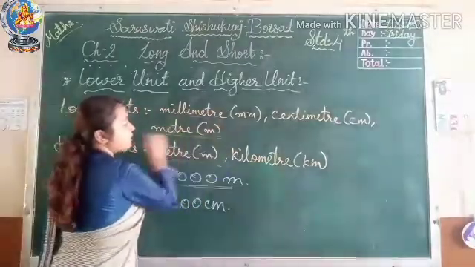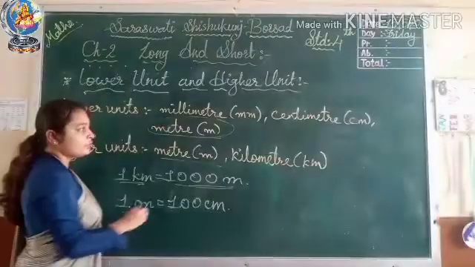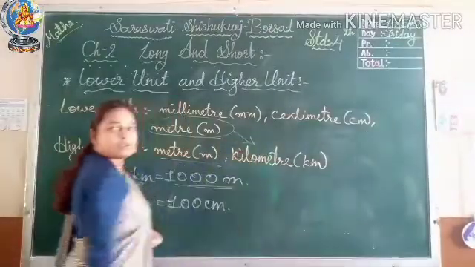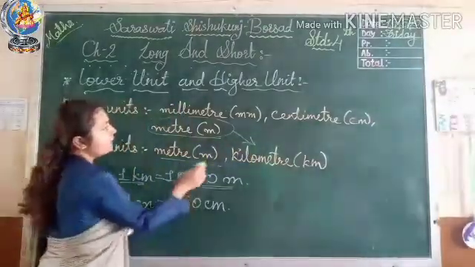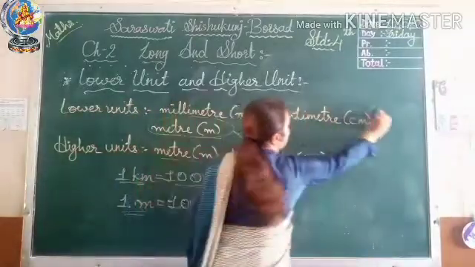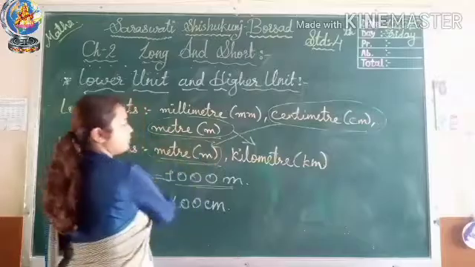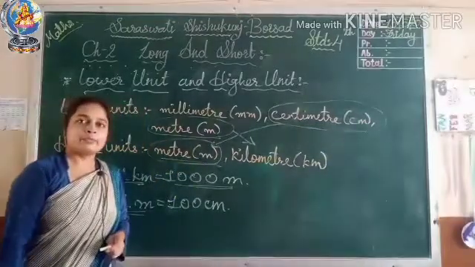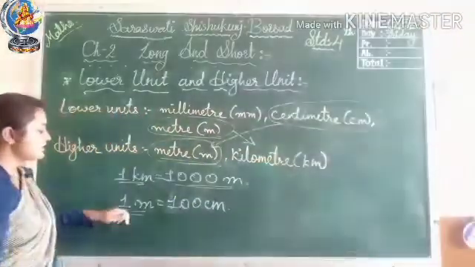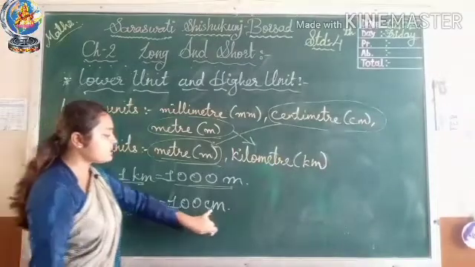So this is for the lower units when you convert into kilometer. And centimeter is used for this one. You can see that 1 meter is equal to 100 centimeter.